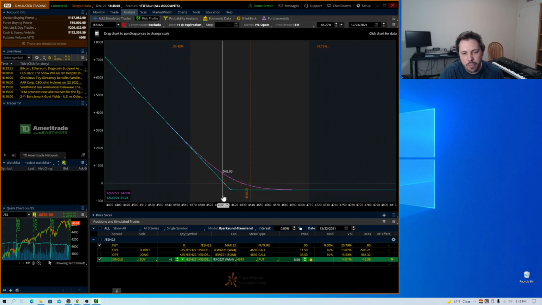The blue line would be the intrinsic value at expiration, and this purple line is the time value of what it would be worth right now if you close that position out. It's really cool that we can put together trades, look at these different strategies, and immediately analyze them and visually see what they look like.